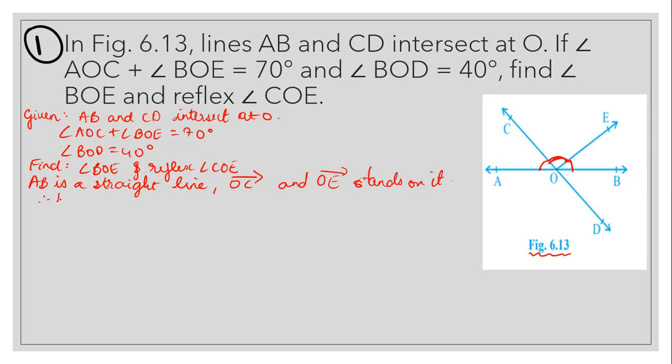Therefore, angle AOC plus angle COE plus angle BOE is equal to 180 degrees. Now, as given in the question, angle AOC plus angle BOE is 70 degrees. So here we've got 70 degrees plus angle COE.